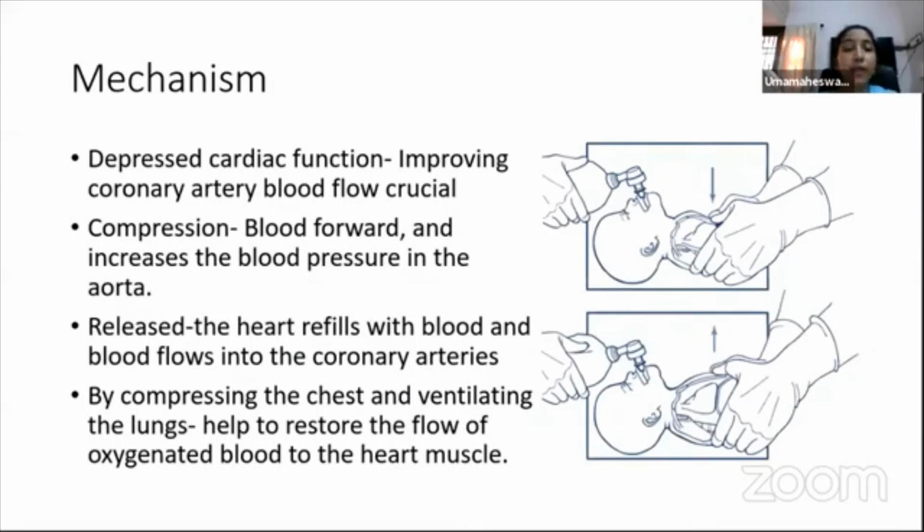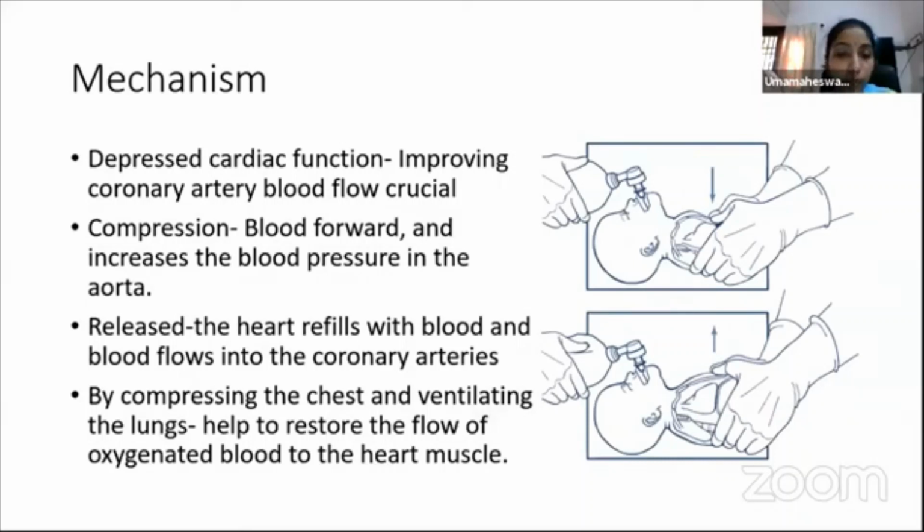What is the mechanism? The cardiac function is depressed and you want to improve the coronary artery blood flow, which is very crucial. During the compression, there will be forward flow and increase in the pressure in the aorta. During the relaxation phase, the heart refills with blood and blood flows into the coronary arteries.